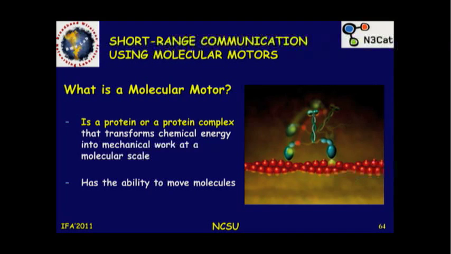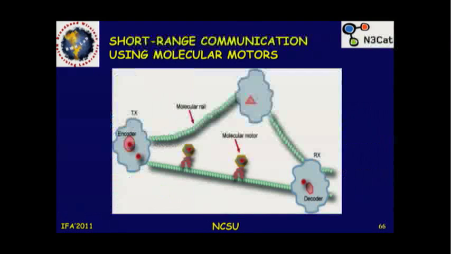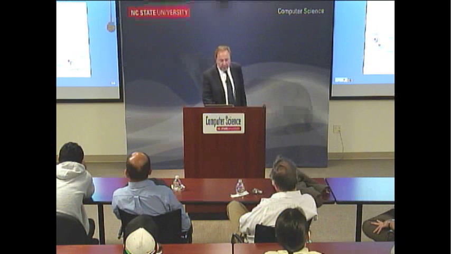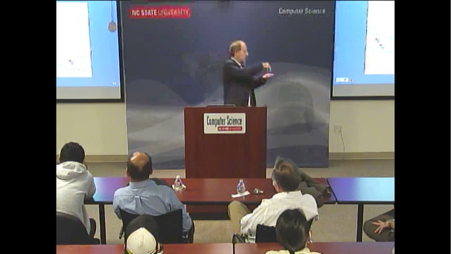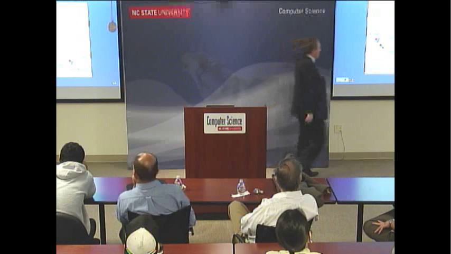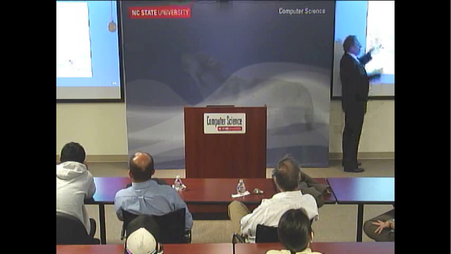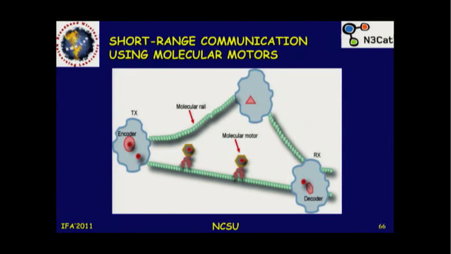So now when you look at this big picture, they have this structure here. These molecular rails, and then these molecular motors, and then they will carry information. These red dots are messages the nanomachine will create and put on these molecular motors, and then they will be released and they will walk.